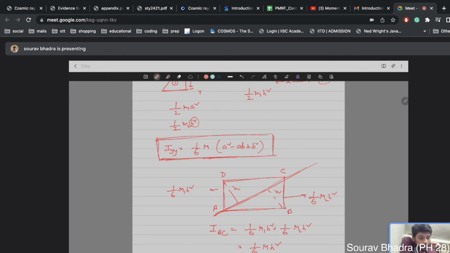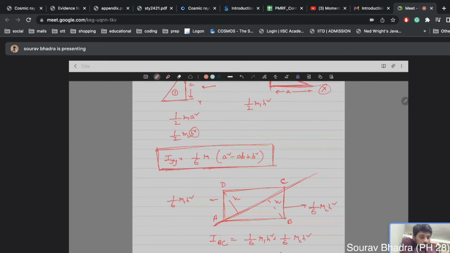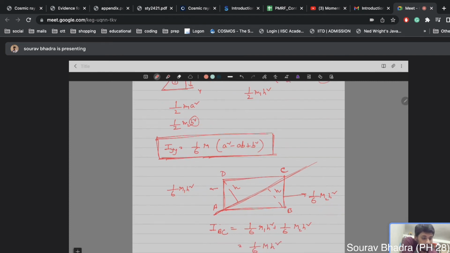So this is the moment of inertia around that line AC, which is the diagonal of this particular lamina. In the previous case we did it when the body is rotating about the center point O, but here it is rotating about the AC axis. So this is a nice application of the triangular lamina case.